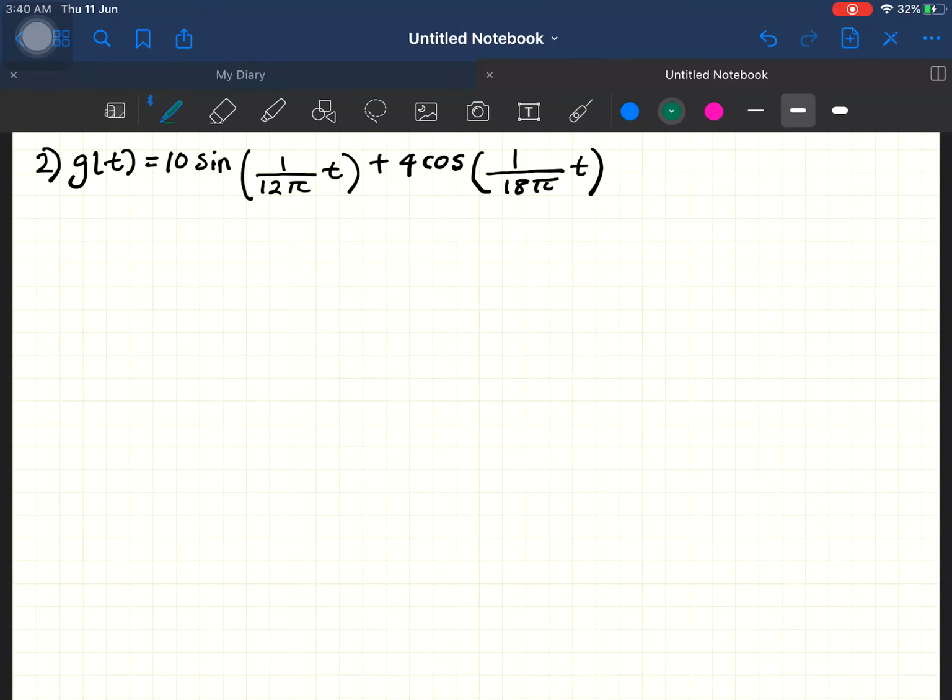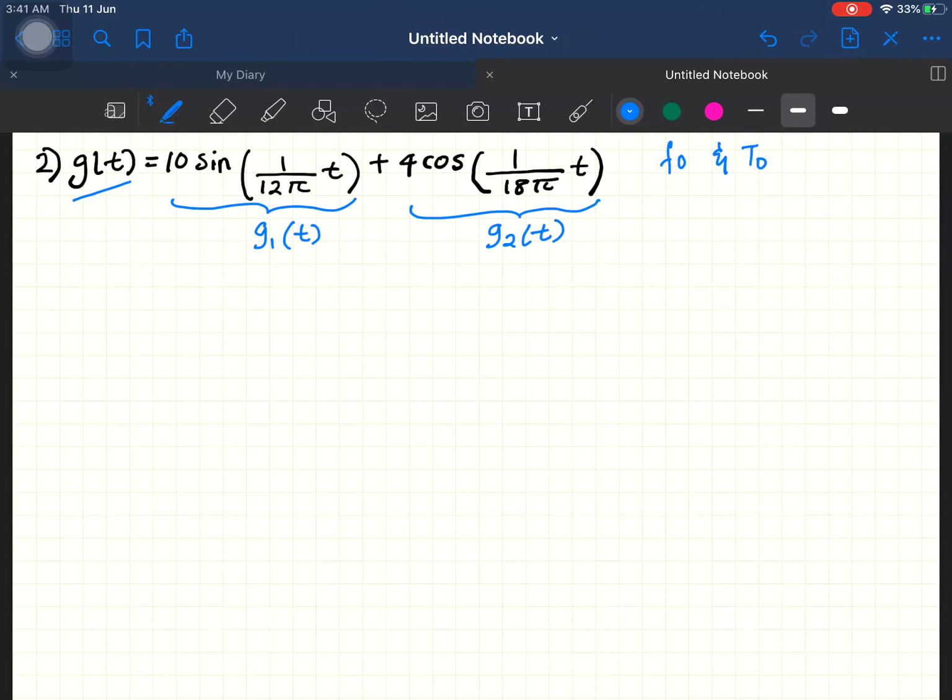This is the second question, where you can see g of t is the summation of a sine wave, let's call it g1 of t, and a cosine wave, let's call it g2 of t. Similar to the previous one, you have to find the frequency and period.